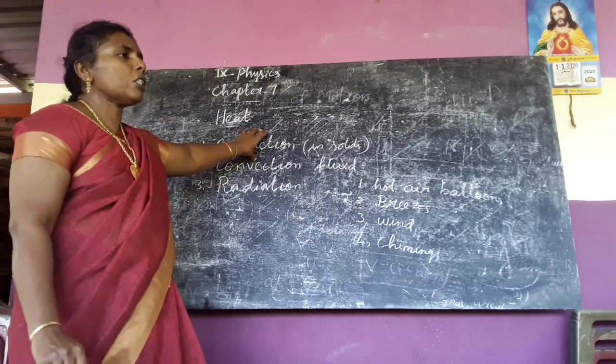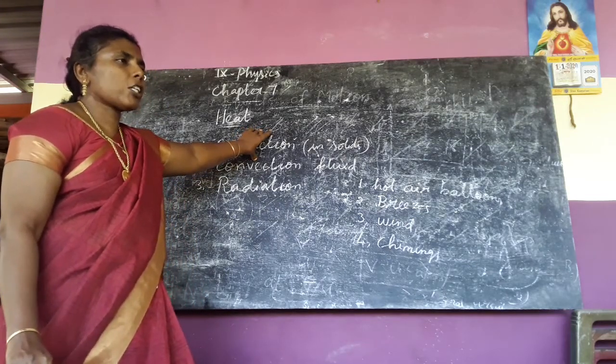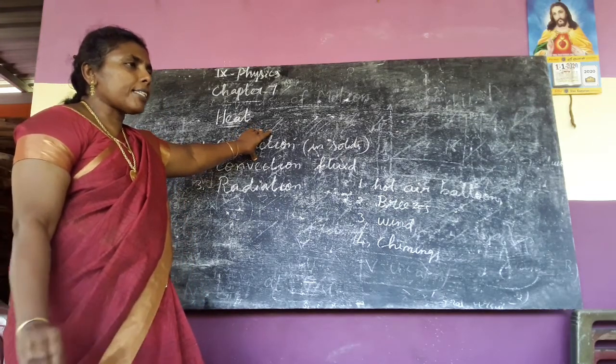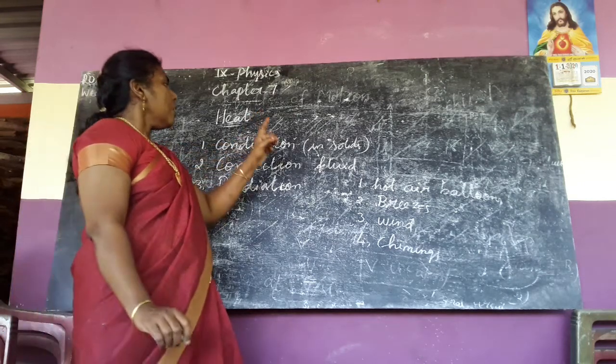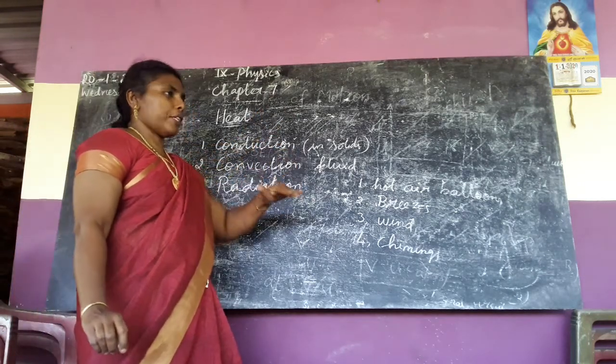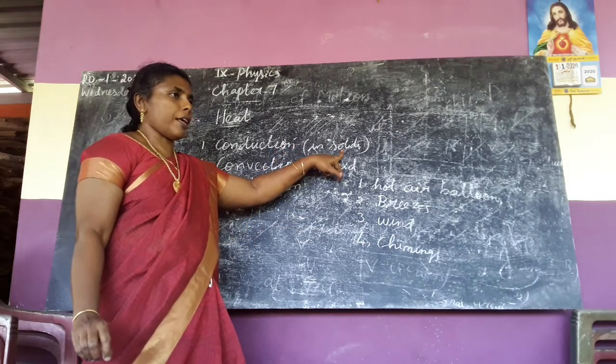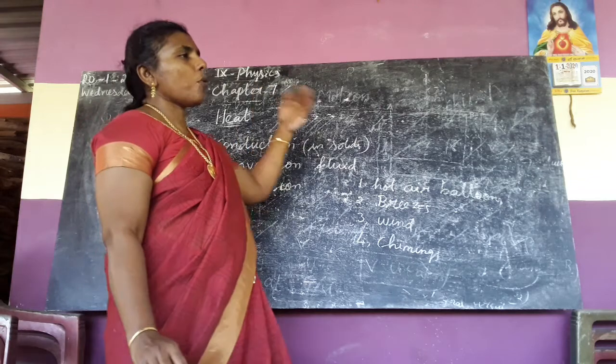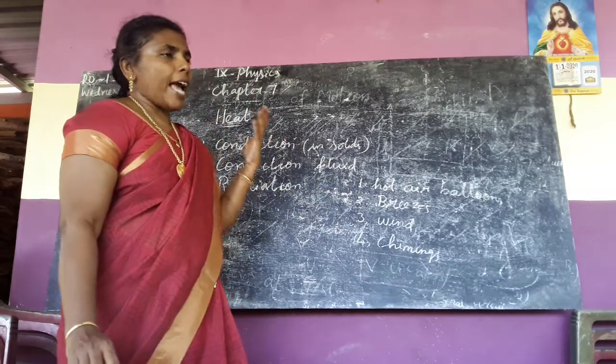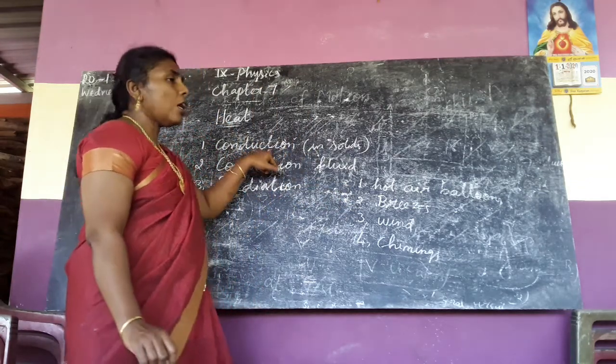Definitions are very, very important. What is conduction? The process of heat transfer from the higher temperature region to the lower temperature region, taking place in solids only, without any actual movement of molecules, is called conduction.